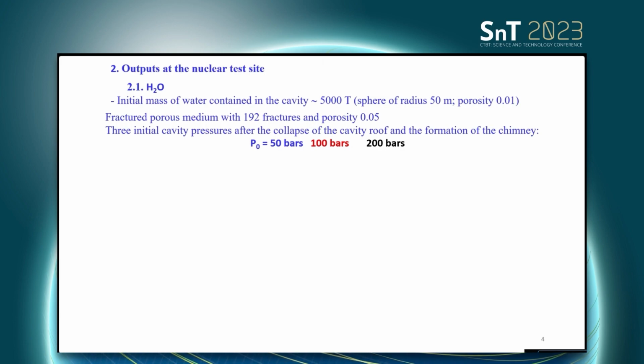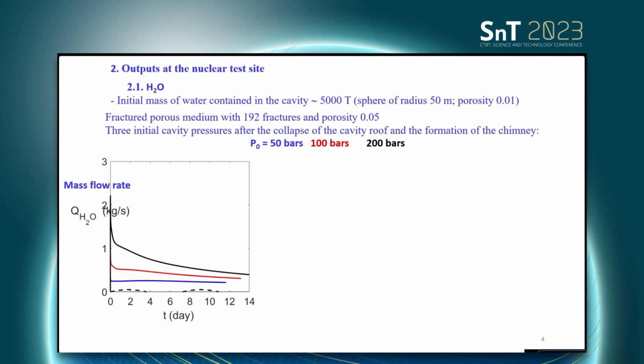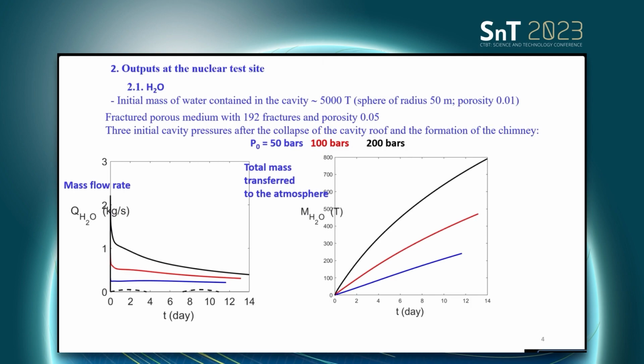We study systematically three initial pressures in the given conditions of 50, 100, and 200 bars. The mass flow rate at the ground surface is given here as a function of time. The total mass transferred to the atmosphere is given on the second graph, again as a function of time.